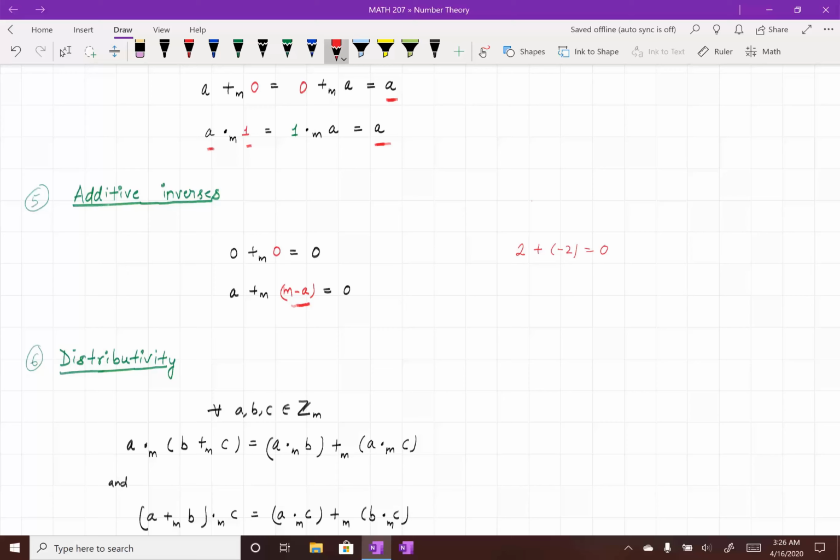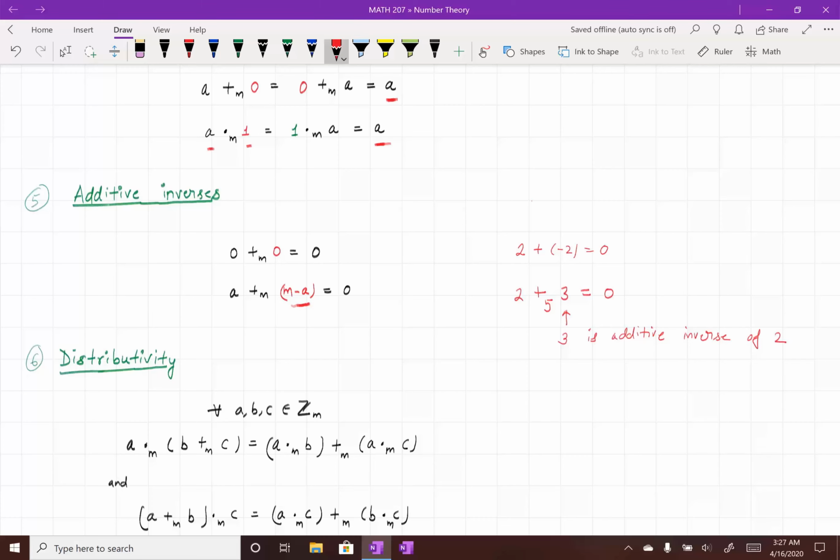With respect to addition modulo m, for example, 2 addition modulo 5 with 3 is equal to 0. So 3 is going to be the additive inverse of 2.